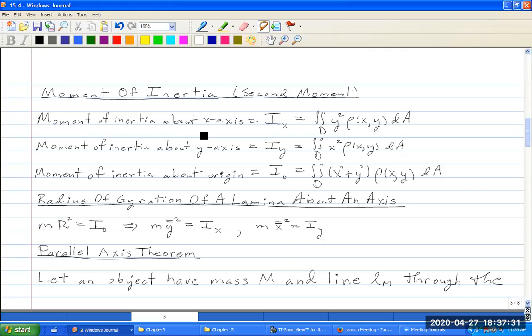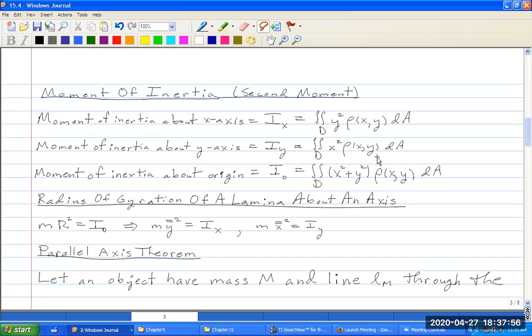The moment of inertia about the y-axis, I sub y, is equal to the double integral over D of x squared rho. The moment of inertia about the origin, I sub 0, is the double integral over D of x squared plus y squared times rho.